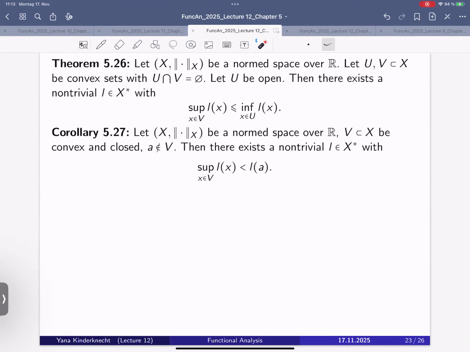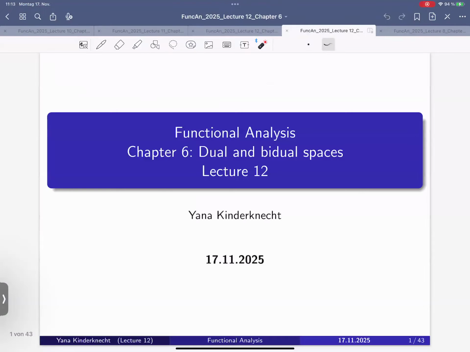Okay, that's it with chapter 5, and I have some time to start chapter 6. This is about dual and bidual spaces, and to show good properties of these spaces, we often need to use the Hahn-Banach theorem.